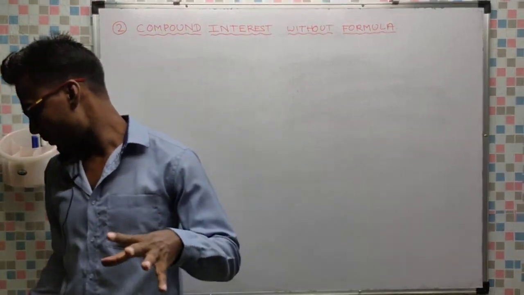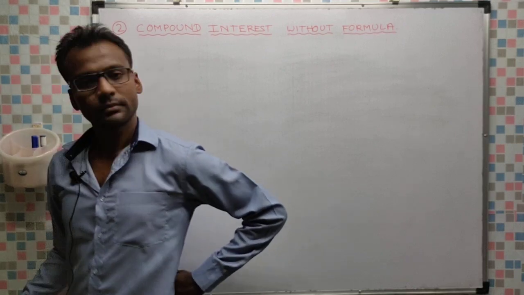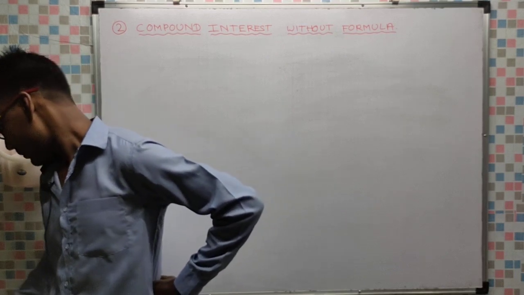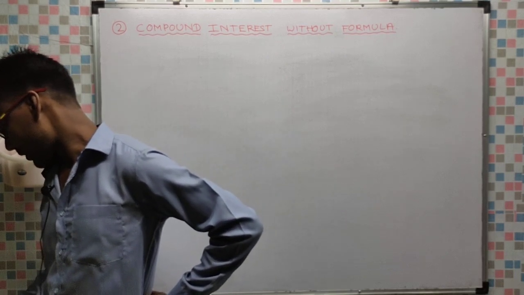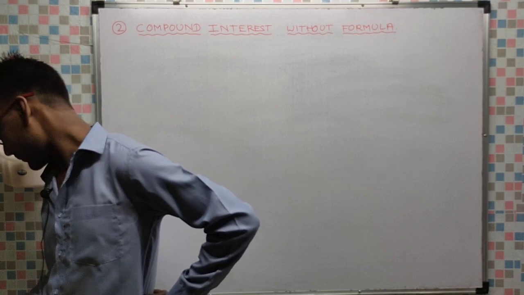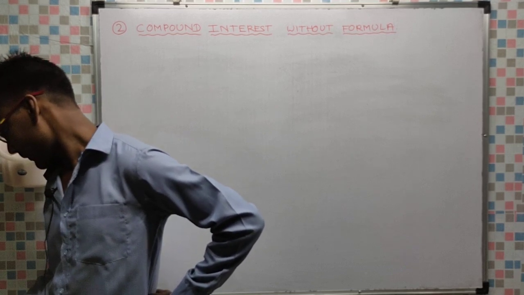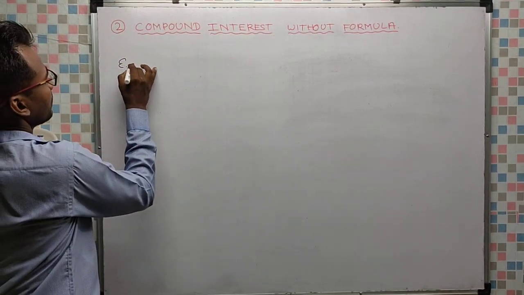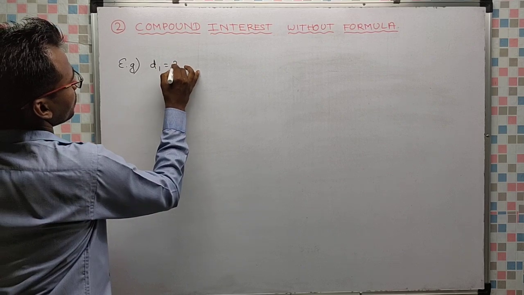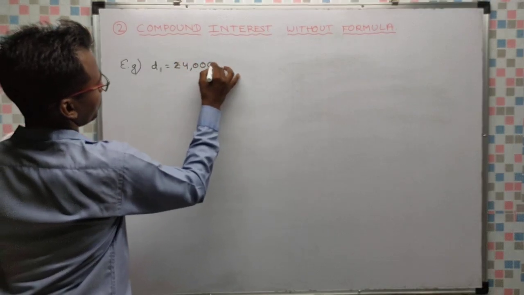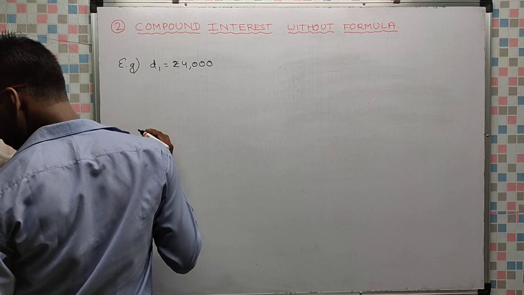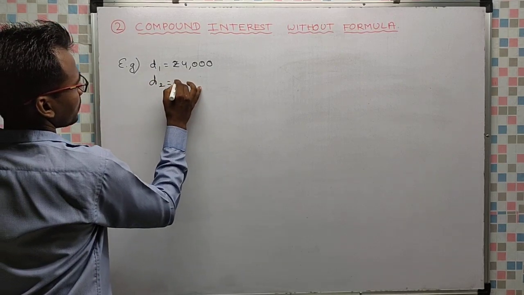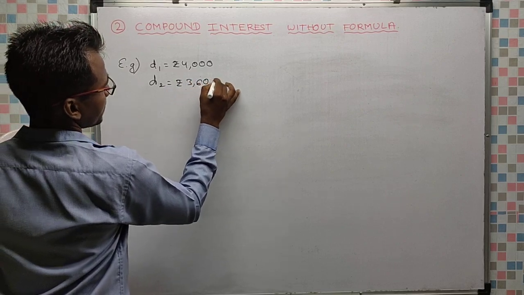Let us move to another example of depreciation. The cost of a machine depreciated by rupees 4,000 during the first year, D1 is equal to rupees 4,000, then by rupees 3,600 during the second year, D2 is equal to rupees 3,600.